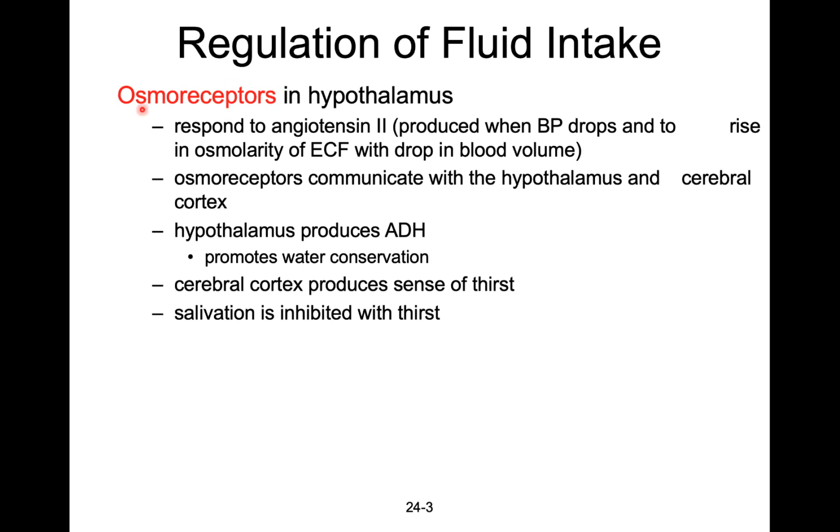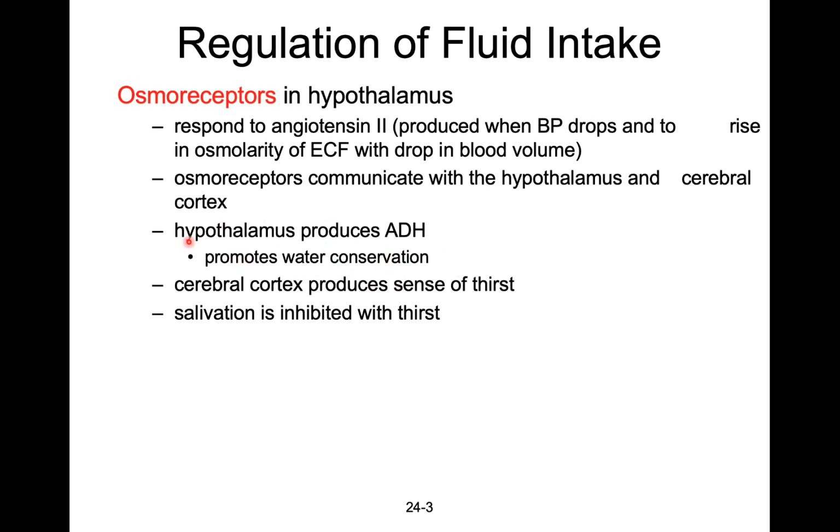Well, to bring this ratio down, you can either get rid of salt or you can just increase the amount of water that you have. This third bullet point states that the hypothalamus produces ADH, a hormone that produces water conservation. This means that you're holding water in.